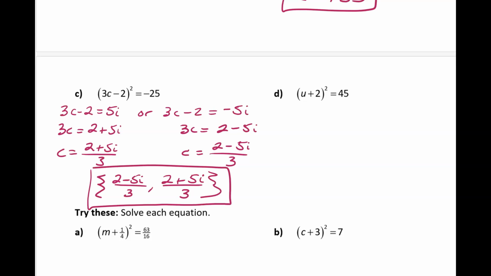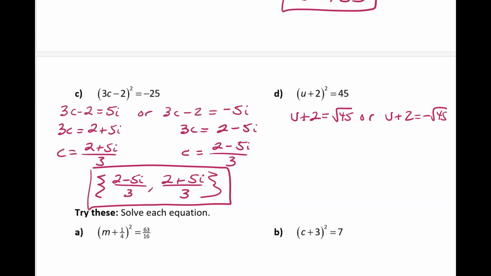Last one, u plus 2 squared is equal to 45. So that means that u plus 2 is either equal to the positive square root of 45, or u plus 2 is equal to the negative square root of 45.